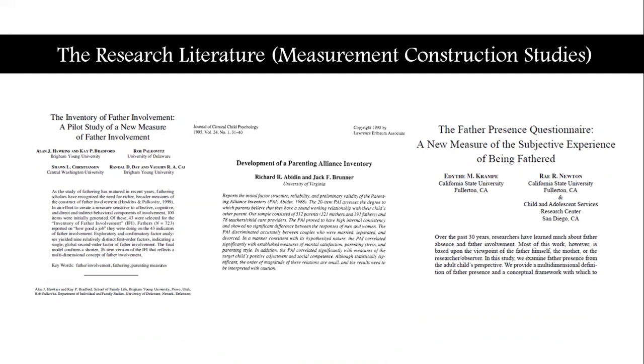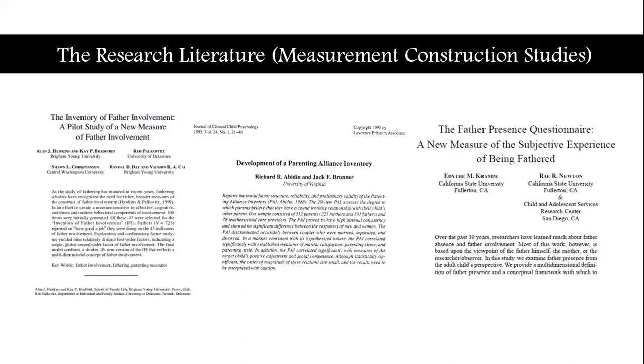So it looks at various different aspects of the alliance between parents and to what extent that alliance is either positive or negative. And then finally, we have the Father Presence Questionnaire, which is a measure of the subjective experience of being fathered. There is a subscale within this questionnaire that I've used. It looks at the father's relationship with his own father.